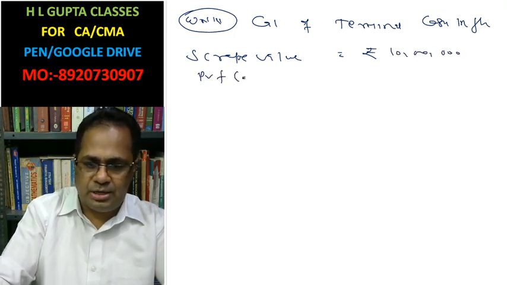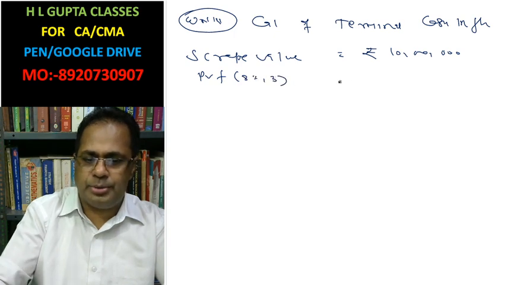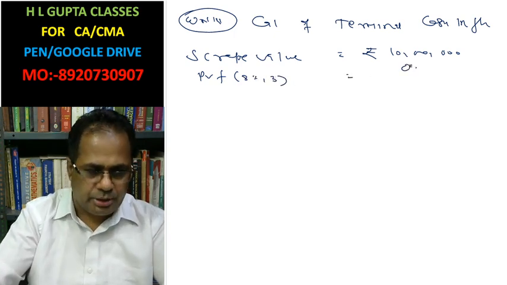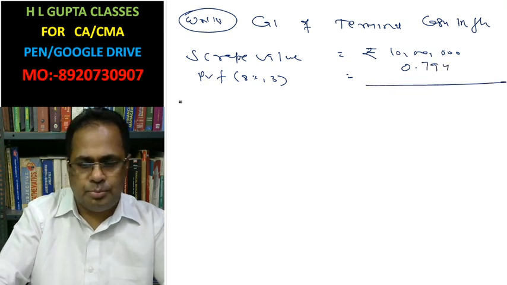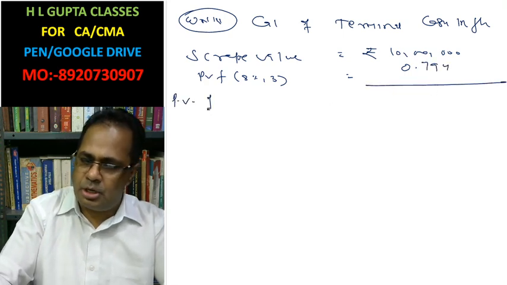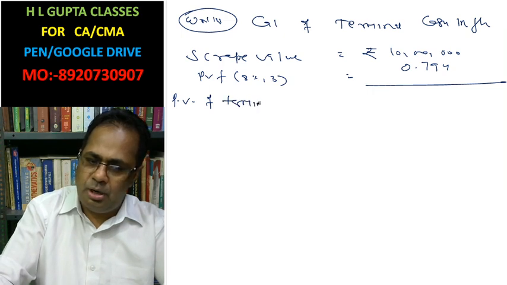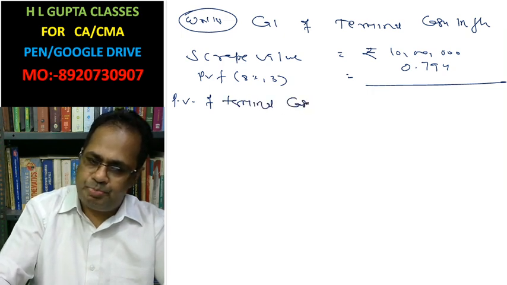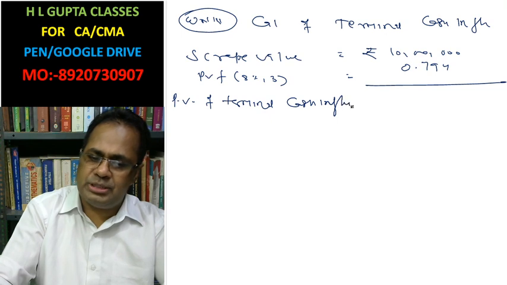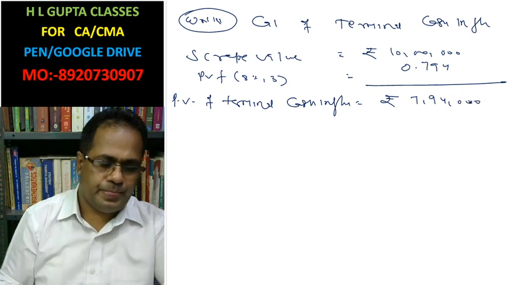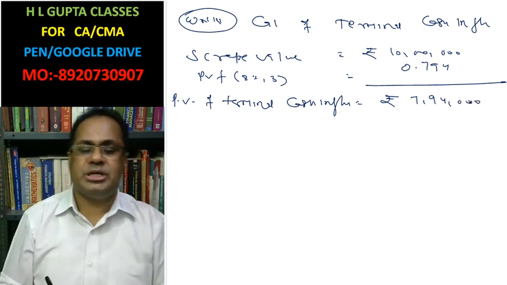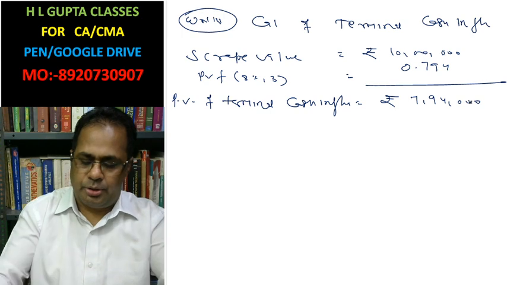Present value factor at 8% for the third year, because this is realized in the third year: 0.794. Present value of terminal cash inflow. Terminal cash inflow comes in the last year, that's why it is named terminal. 7,94,000.